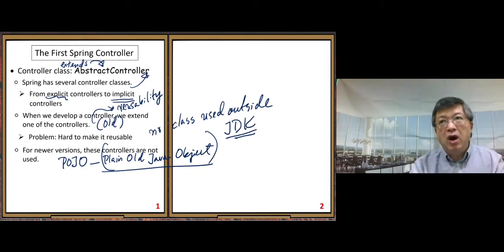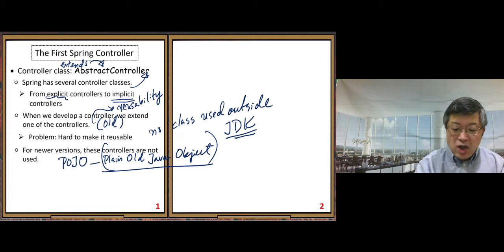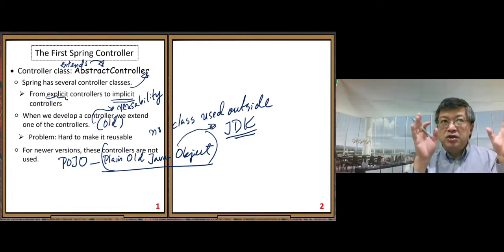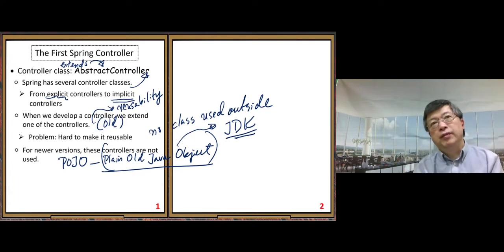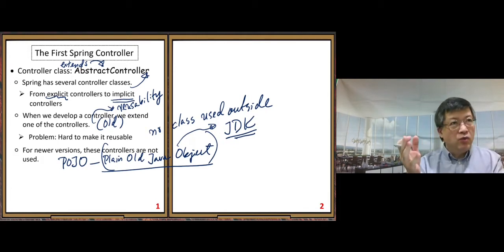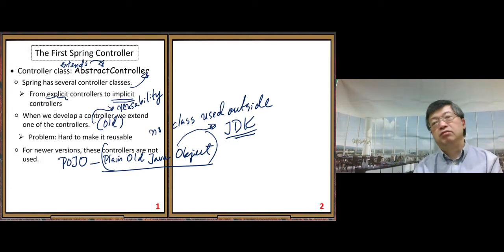That's the minimum requirement. So this type of object means your Java classes only use the minimum requirement. With that assumption, your Java classes will be highly reusable.